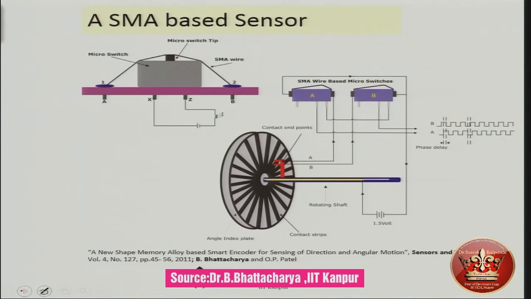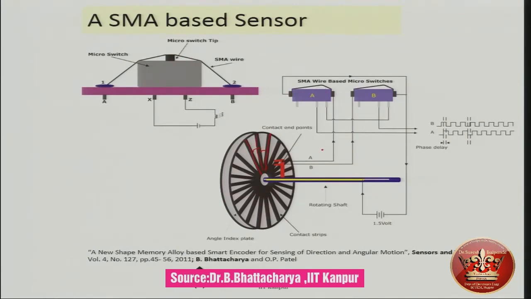One very interesting application of SMA is in the form of an SMA wire-based sensor that we have developed. So what you do here is you take a kind of angle encoder where you have these contacts, and these are actually conductive, and these angles are drawn with a known angle. Now these two pins are touching the system, and you are passing current through the SMA wire.